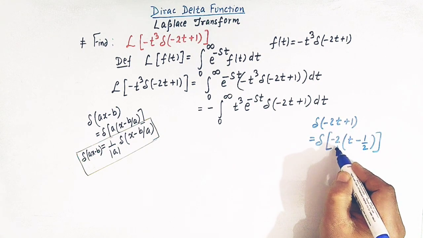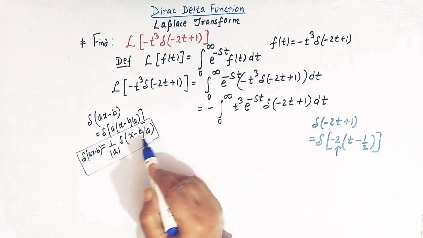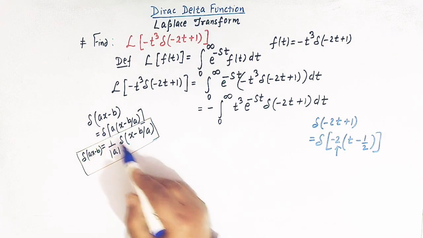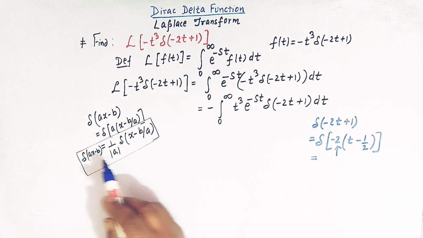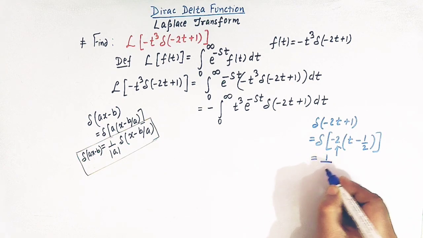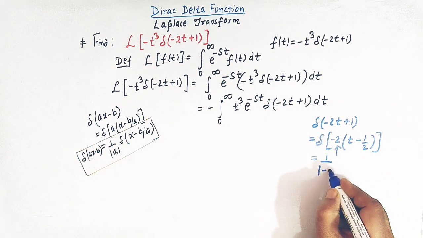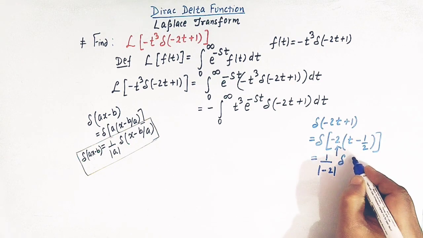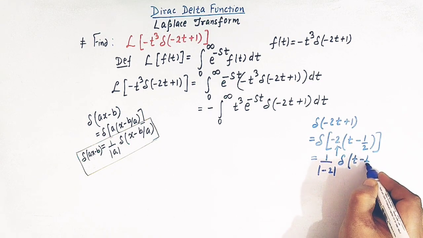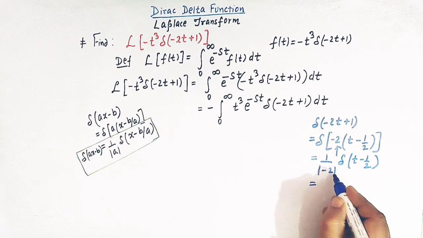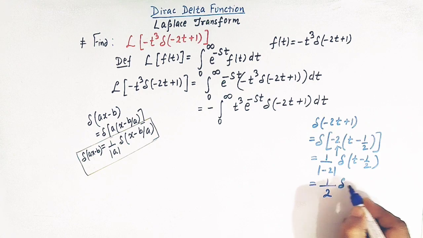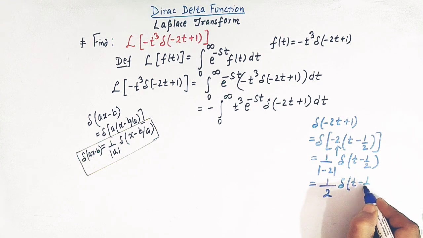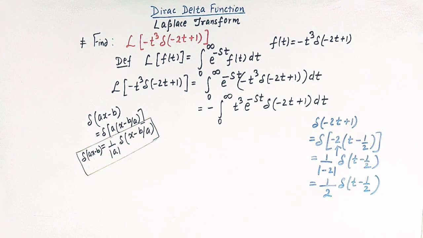So here the value of a is minus 2, right? So now applying this property, we can now write 1 over mod of minus 2, and we have delta of t minus half. So mod of minus 2 is positive 2, so we have 1 over 2, delta of t minus 1 over 2, right?